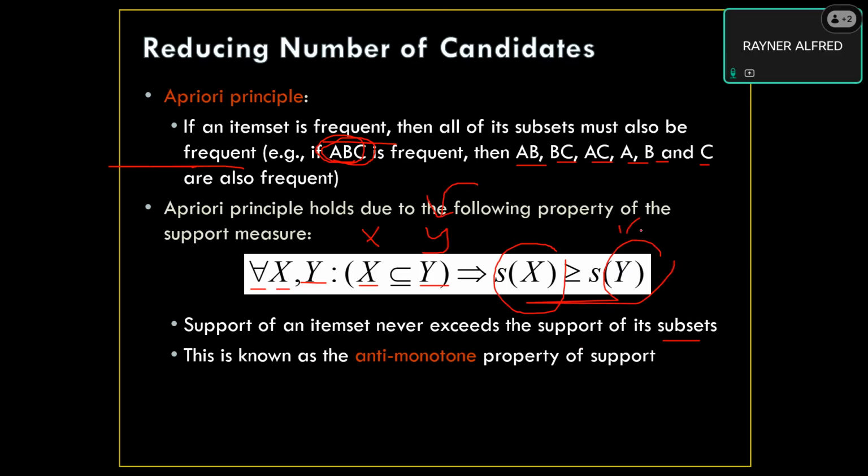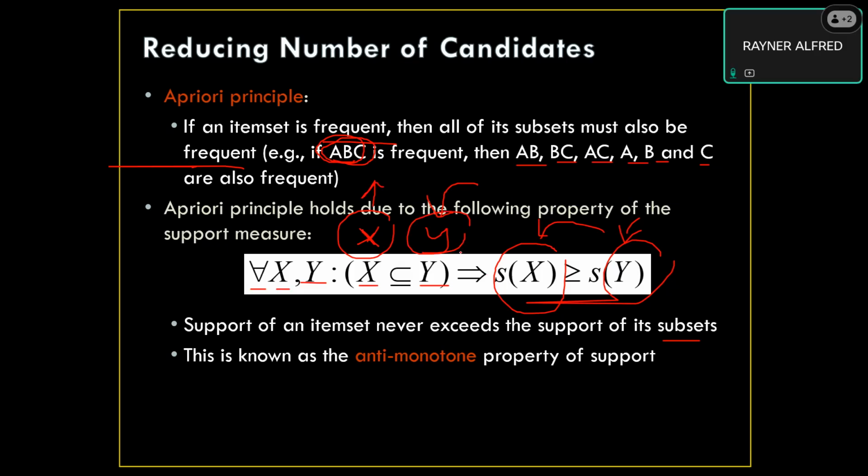So this one will never exceed this one. Because if X is a subset of Y, this has a smaller number of items compared to this, so this one has higher support. Okay, this is known as the anti-monotone property of support.